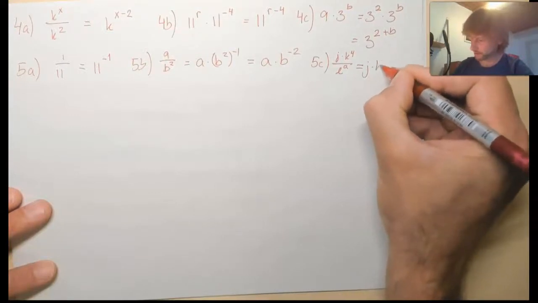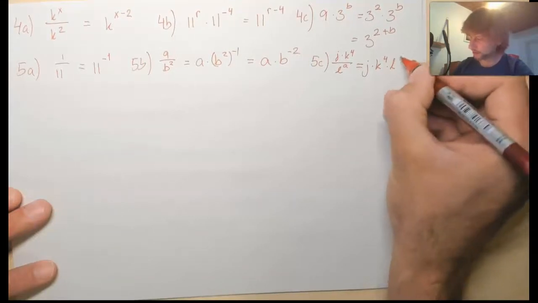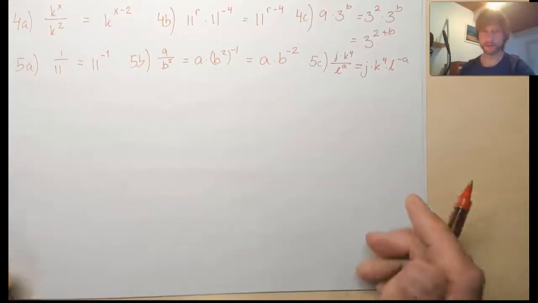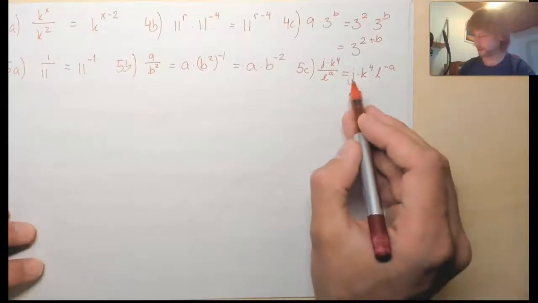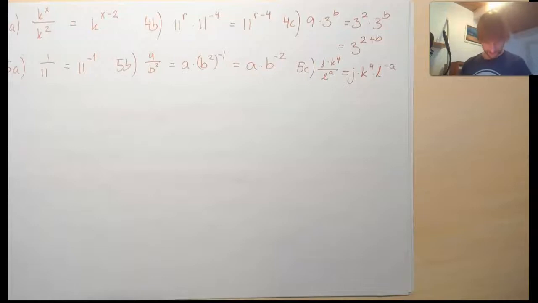So j times k to the 4th, then we just want to multiply with L to the power of minus A. And that's all we can do about this, because we have no idea if there's any relationship between any of the letters here. So that's it.